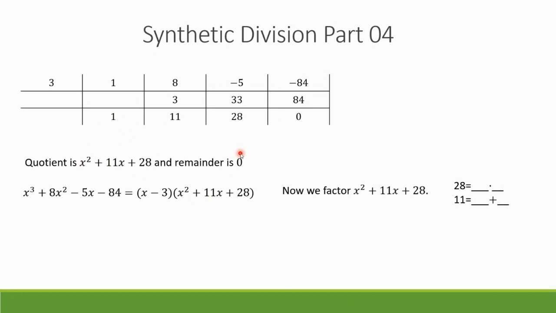So the polynomial is x minus 3 times the quotient. Normally we would have plus a remainder, but the remainder is 0.